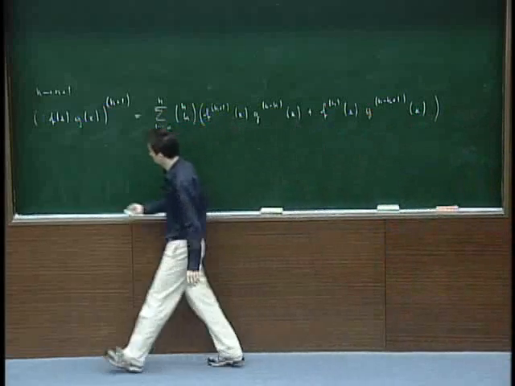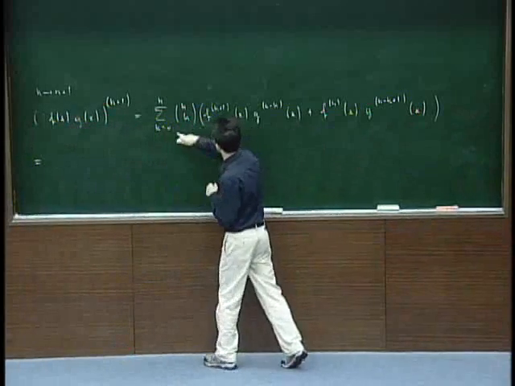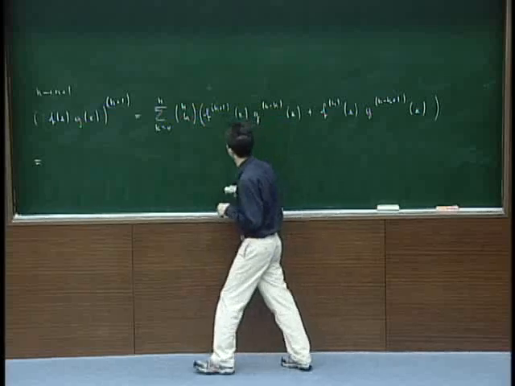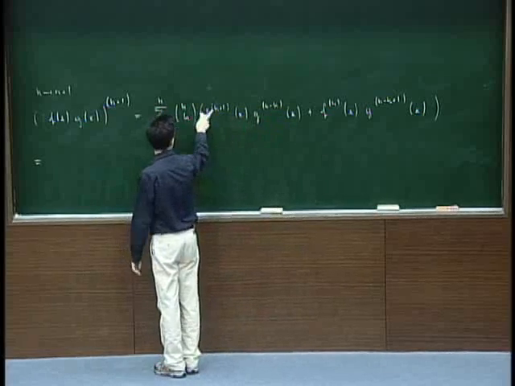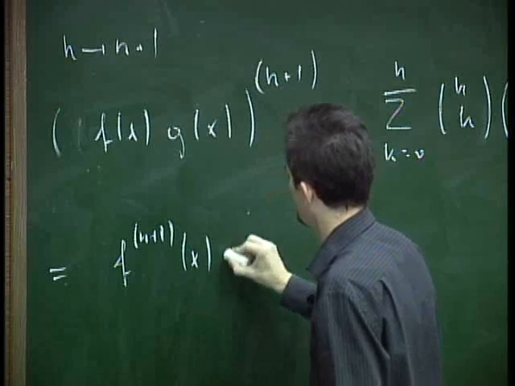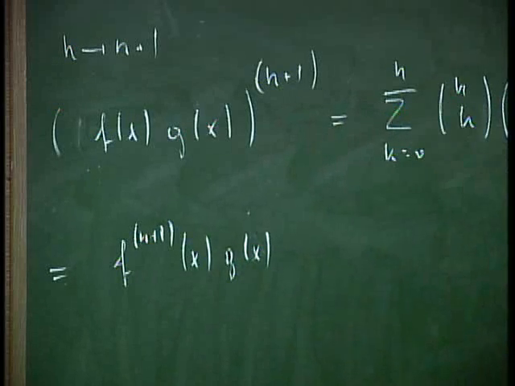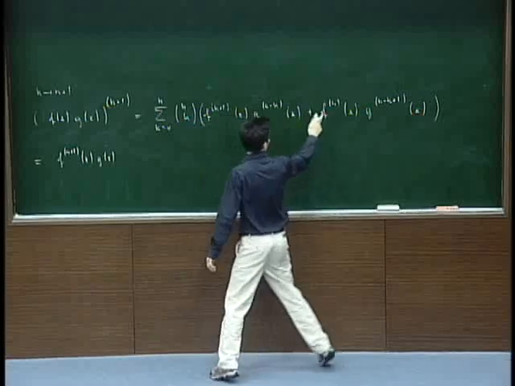Okay, so you see that we take out the term where k is equal to n, which is equal to the n plus first derivative of f at x times g of x.